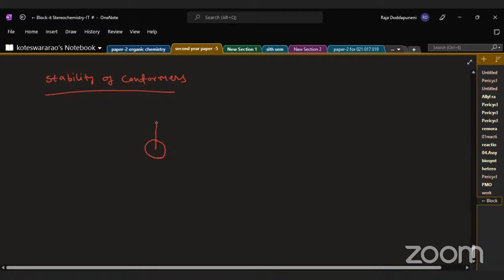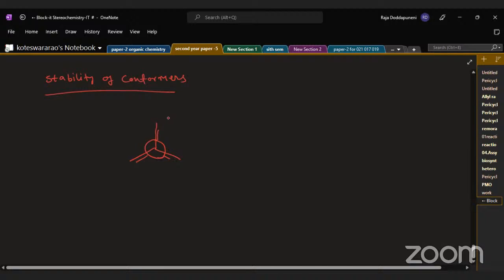If you represent this conformation as an eclipsed conformation, each sigma bond on the front carbon overlaps the sigma bond on the rear carbon. This is known as eclipsing.